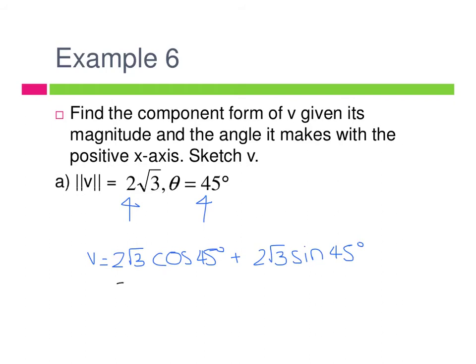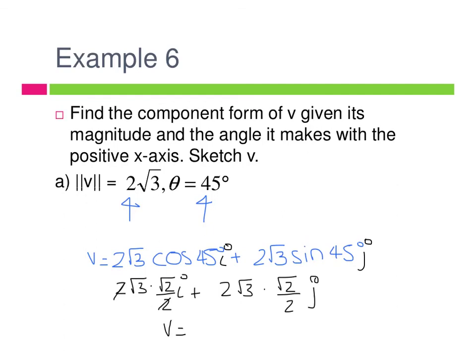So we get 2 root 3 times cosine 45 degrees, which is root 2 over 2, and 2 root 3 times sine 45, root 2 over 2. I forgot to put my i's and my j's. So vector V is equal to root 6 i plus root 6 j.